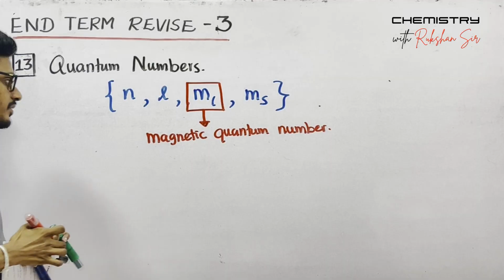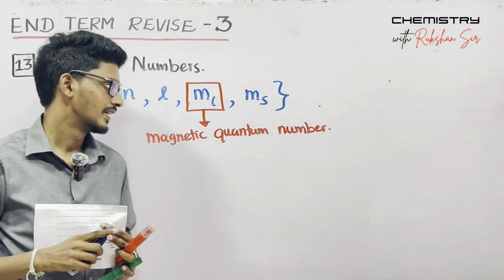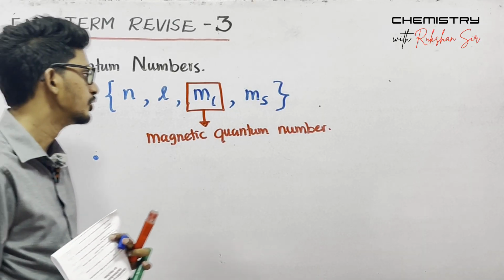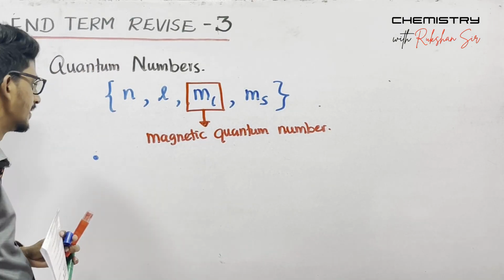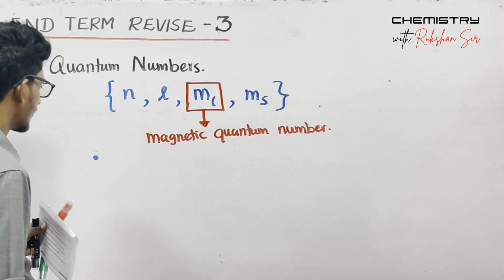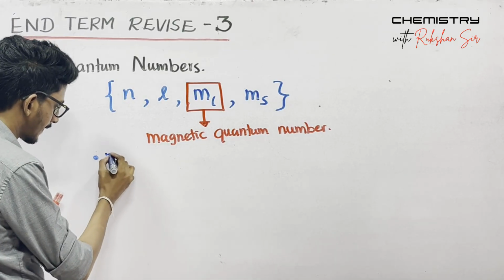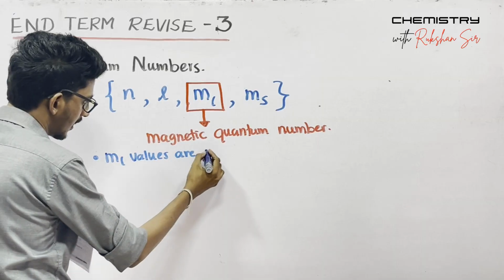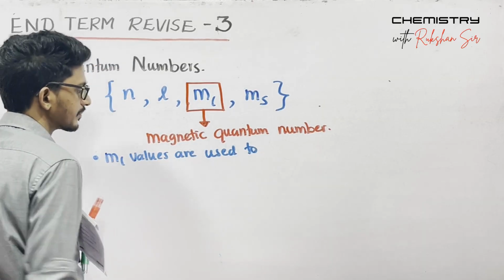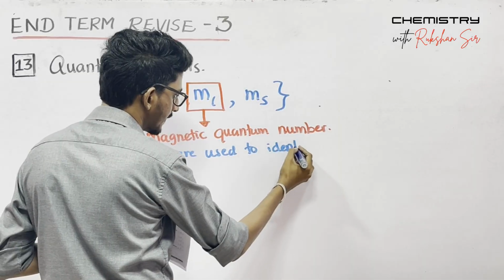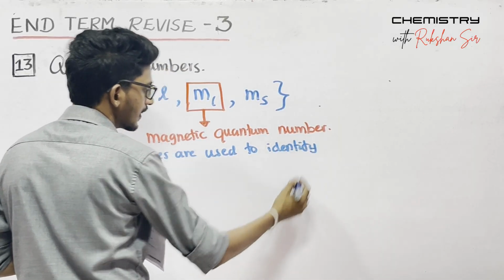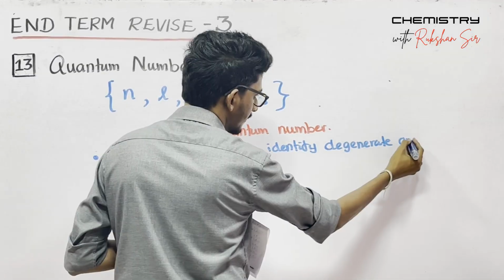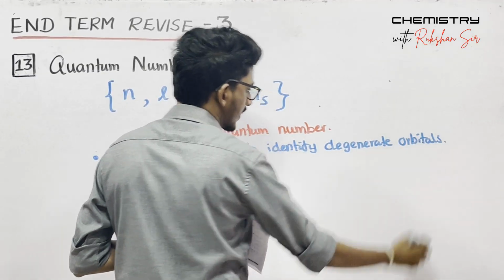What are the important things we should know about the magnetic quantum number? The magnetic quantum number, ML, is used to identify the degenerate orbitals. What are degenerate orbitals?